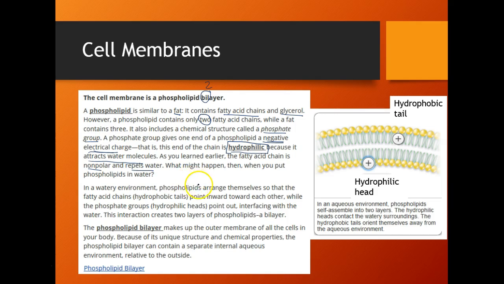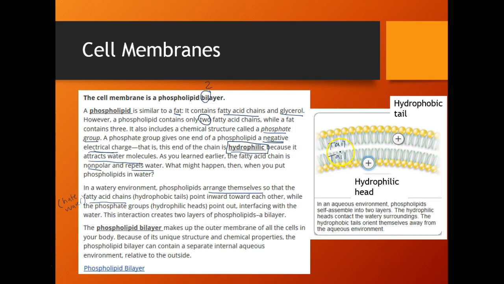So when these phospholipids are in a watery environment, the phospholipids actually arrange themselves so that the fatty acid chains, which remember hate water, point inward towards each other. So you see here, this is a tail, and this is another tail.